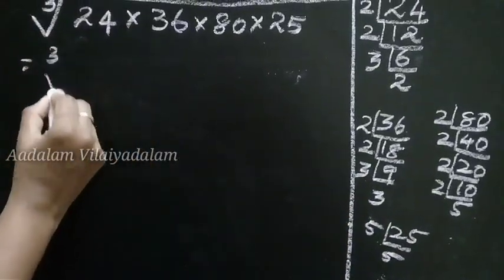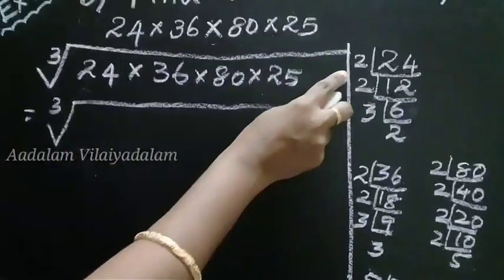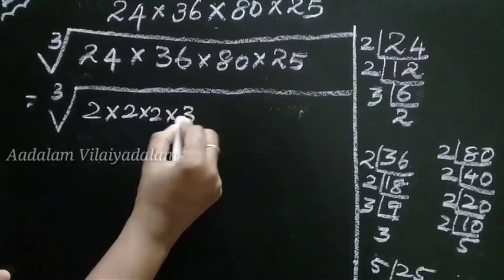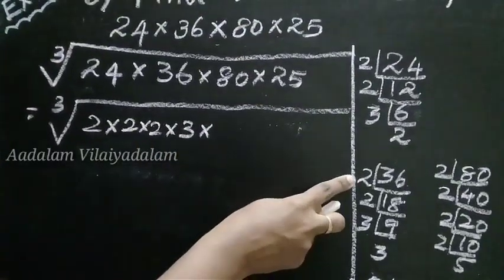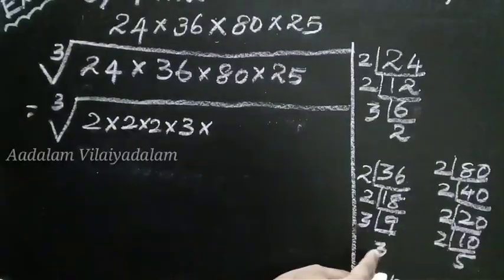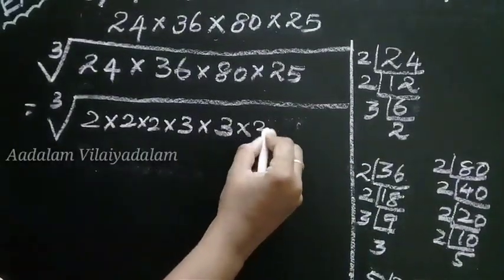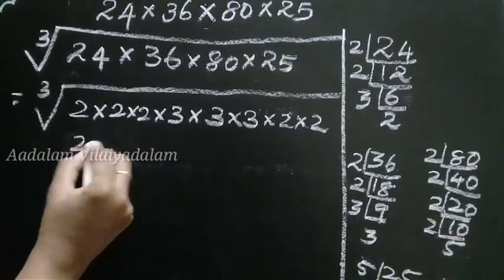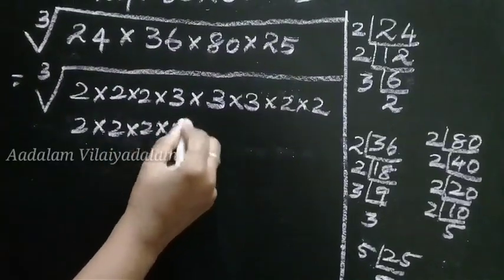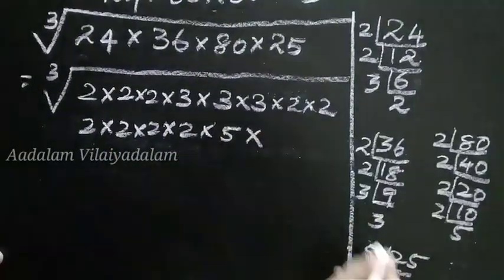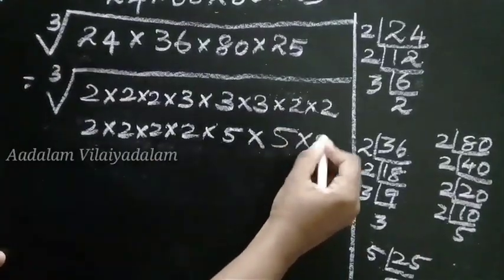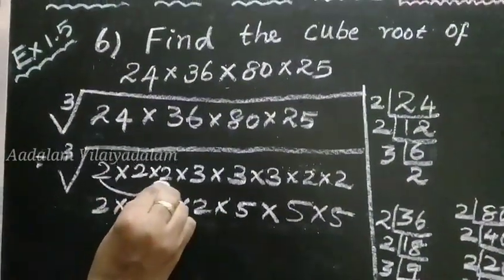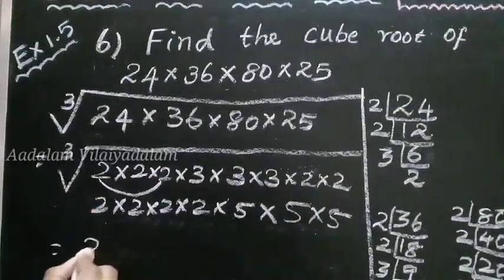What is the first number? The factors of 24 are 2, 2, 2, 3. The factors of 36 are 2, 2, 3, 3. Next, 80 is 2, 2, 2, 2, 5, and 25 is 5 into 5. So cube root means choosing one number from each triplet. So from 3 2s, take 1 2.